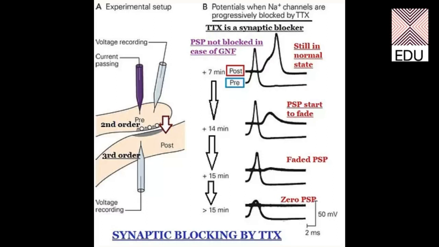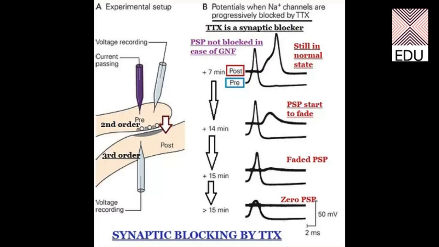Now how do we see this in graph 1? The first graph, which is shown in blue, is the presynaptic potential. When we give some voltage to the presynaptic second order fiber, there is a graph with a spike, and the upper graph, shown in red, shows the postsynaptic potential, which is quite higher than the presynaptic potential. As we discussed in diagram 3, as we increase the current, there will be an increase in the postsynaptic potentials.